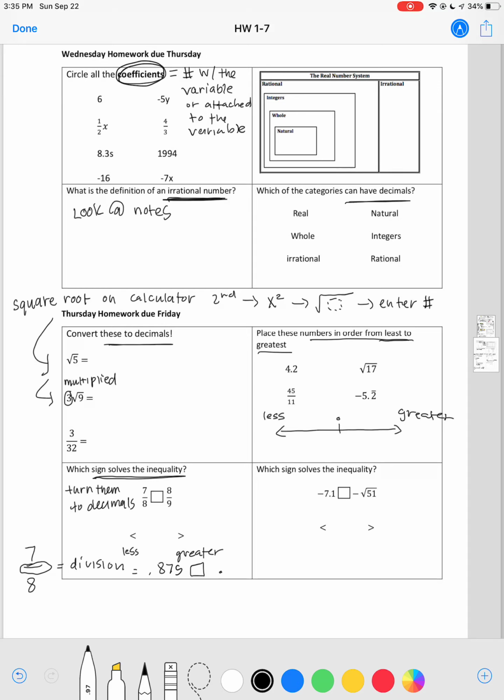This one is 0.8 repeating. So then determine whether 0.875 is less than or greater than 0.8 repeating.